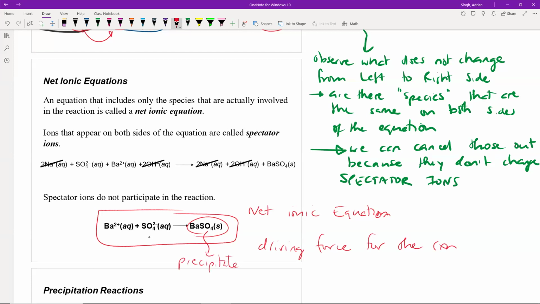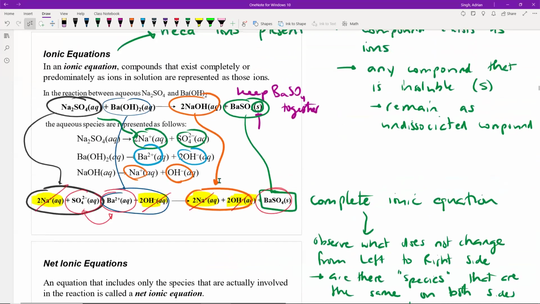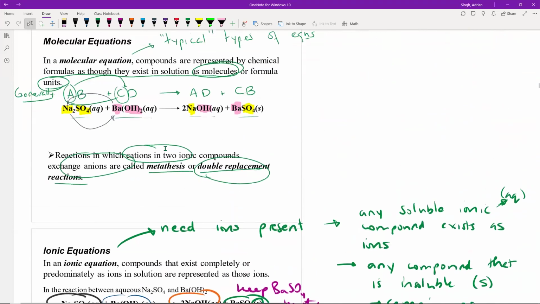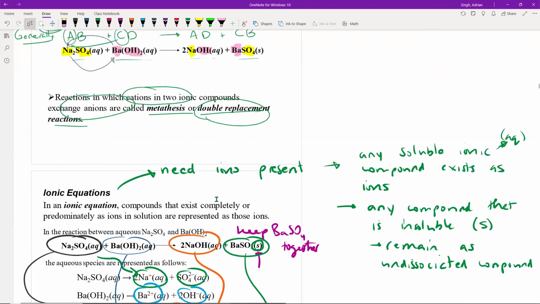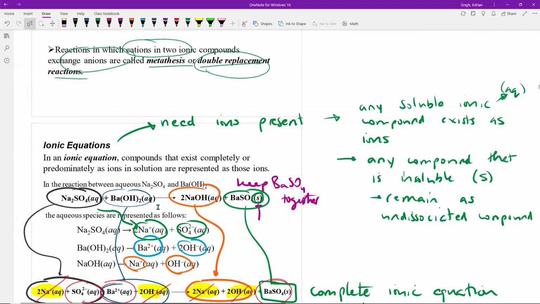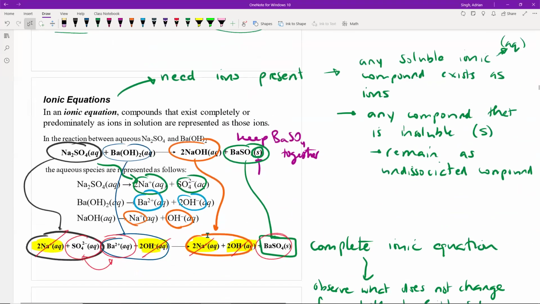So you start off with your, let's go up here, to your molecular equation. There are typical types of equations. You want to make sure that these are balanced. So double check that it is balanced. That's key. Then we're going to split apart each of the things that is aqueous into their respective ions.